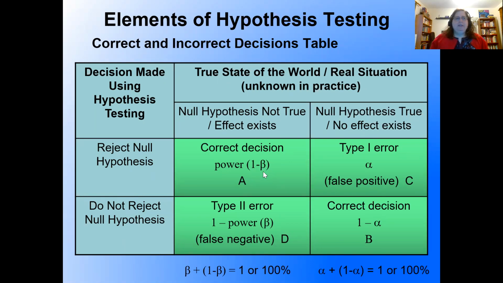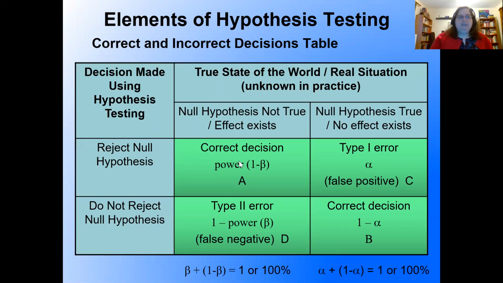Well, if the null hypothesis is not true and we reject the null, we've made a correct decision. That's great. That's called power. That's represented by 1 minus beta. And this is just like situation A in the situations I was showing you before.